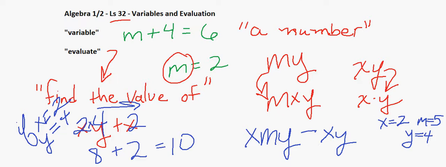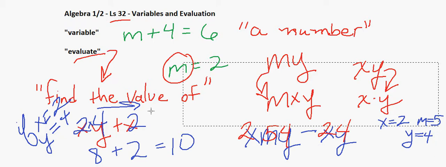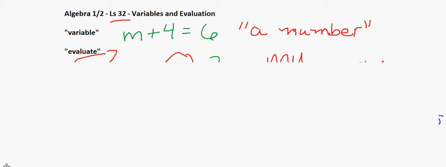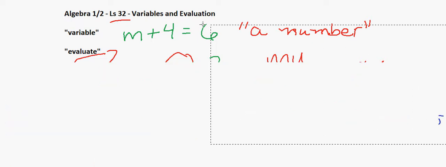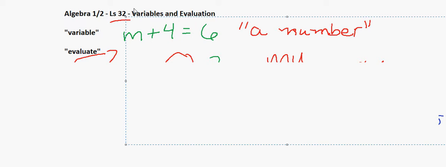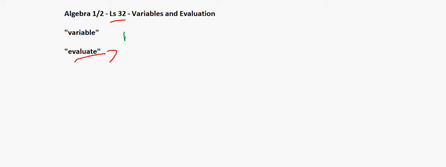Okay, so what we do with these are the values now. We stick them in anywhere they appear. M is 5, y is 4. Now, to make sure you keep everything straight, anytime I see a find the value of or an evaluate problem, I write out the whole problem again, but wherever there were variables before, I write parentheses.